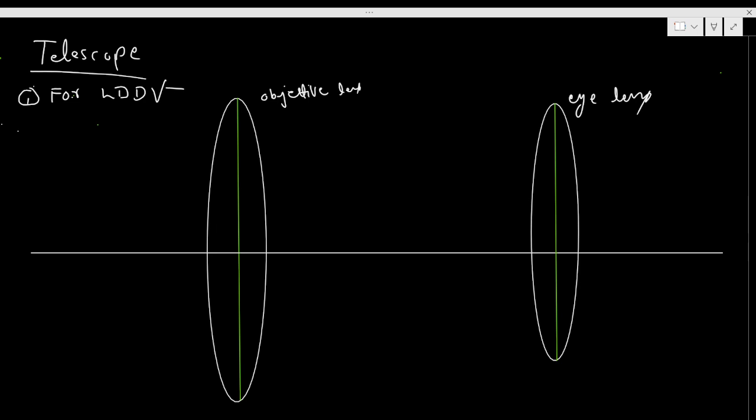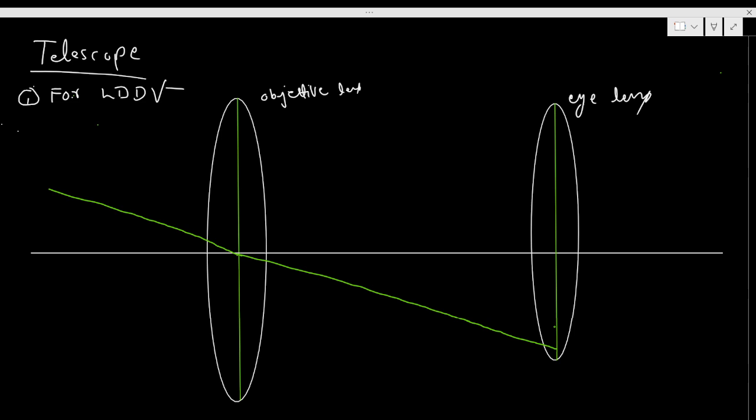Now the rays are coming from the infinity. Okay, so since the object is placed at infinity, rays are coming from the infinity.